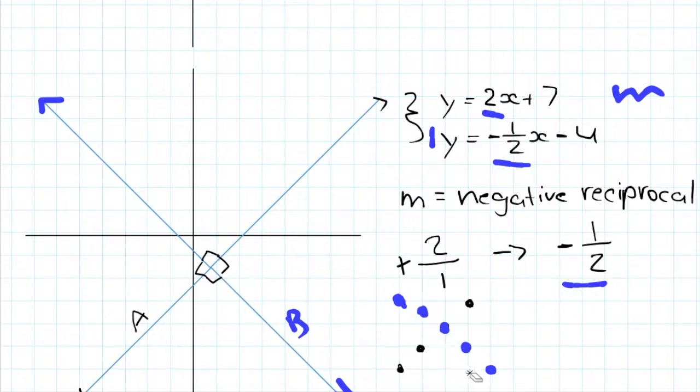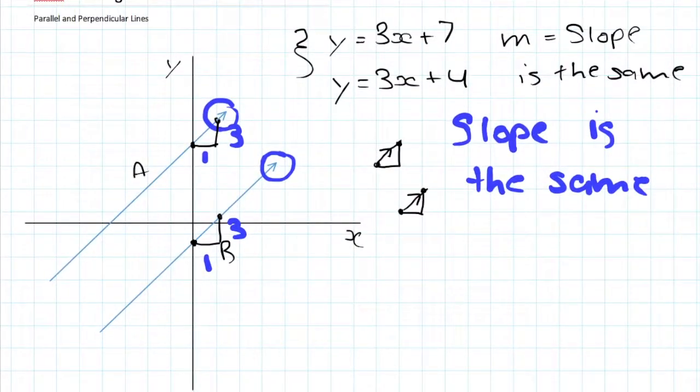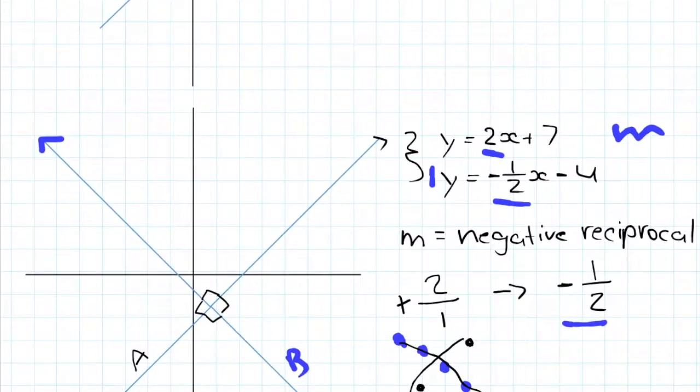And as you can see, since line B had a negative reciprocal slope, it intersected at a 90-degree angle, which is exactly why you need negative reciprocal slopes for two lines to be perpendicular. So overall, the main point you should understand is that if you have two parallel lines, the slope is the same, and if you have two perpendicular lines, the slope is the negative reciprocal.